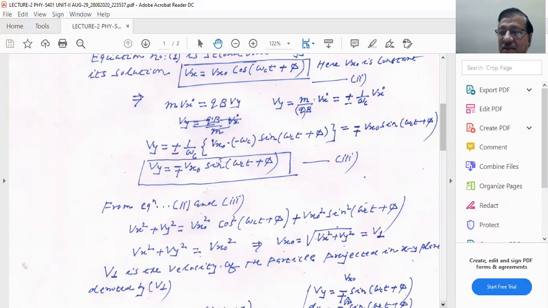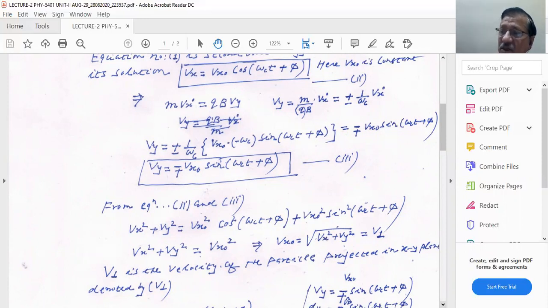Please remember here, you have a particle, and this particle experiences a force. There is a change in the x component, there is a change in the y component, while the z component does not change.